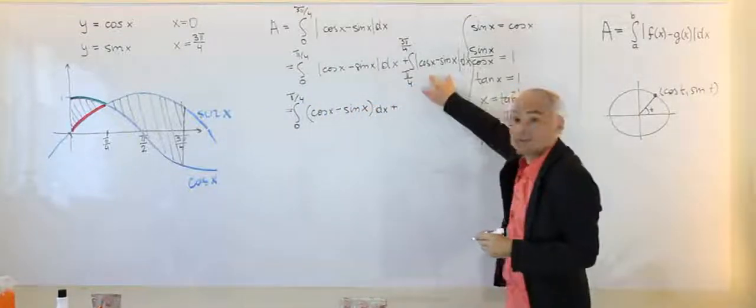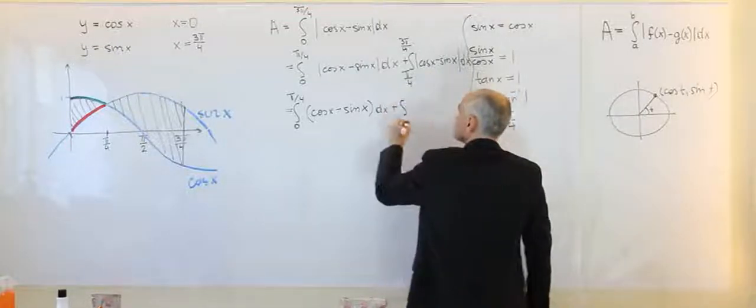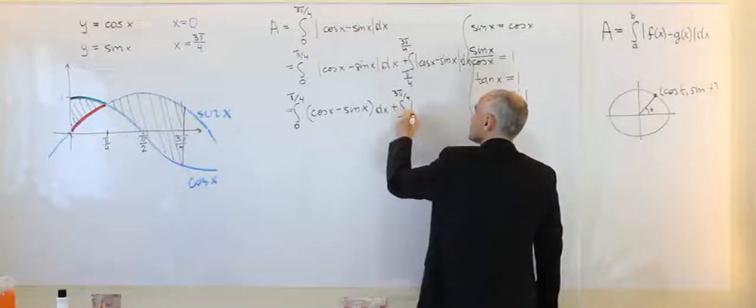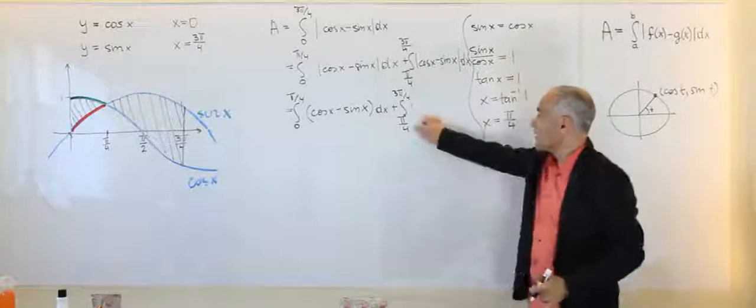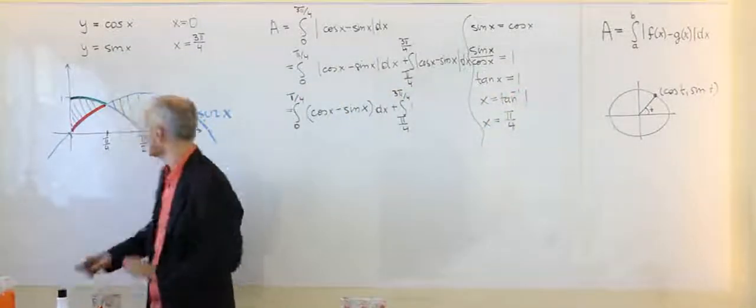And what should I do in the second integral? From pi divided by 4 to 3 pi divided by 4. On that interval, notice that sine is bigger than cosine.